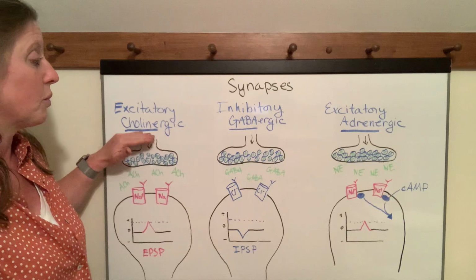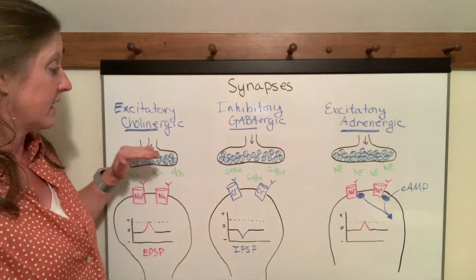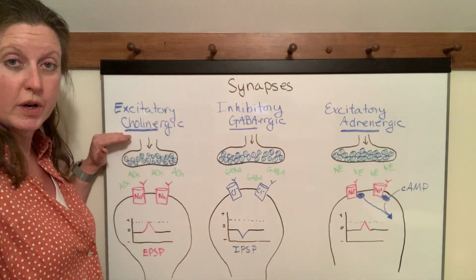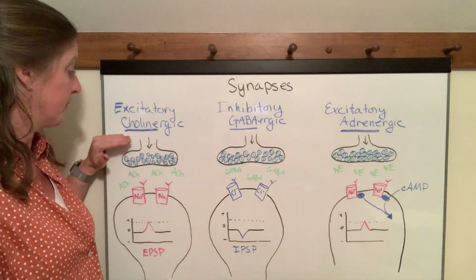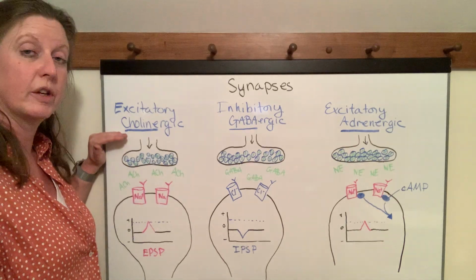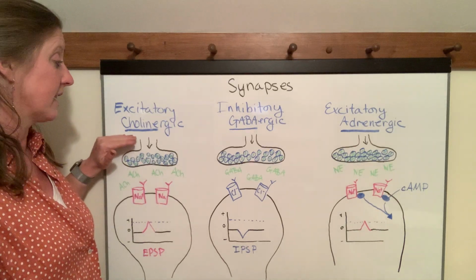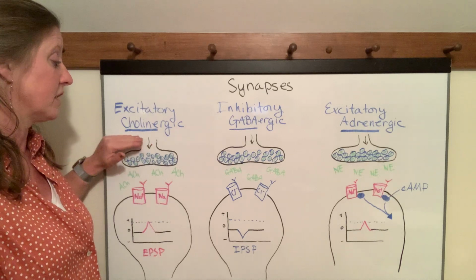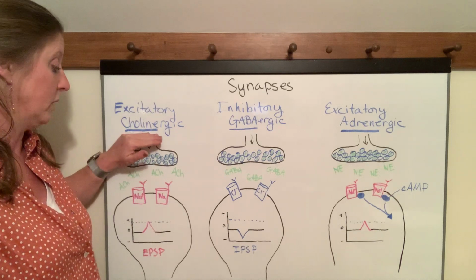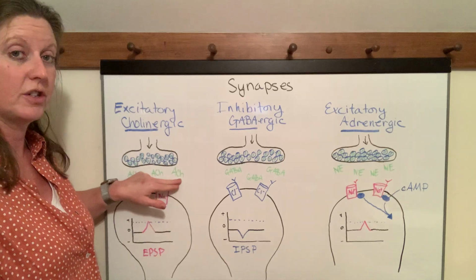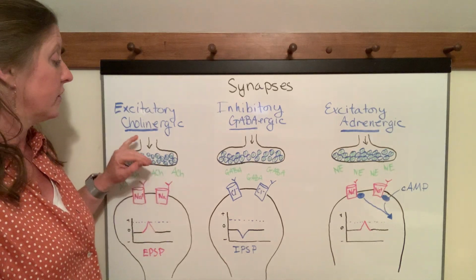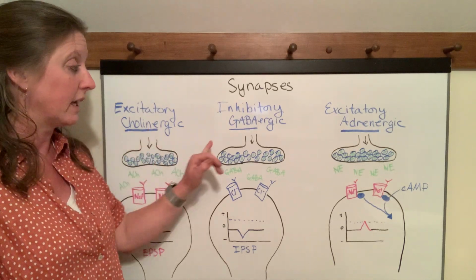The second word in each of these synapses refers to the neurotransmitter that's being used. For instance, this first one is cholinergic, and it gets its name because the neurotransmitter is acetylcholine, or ACH, as I've written down here. So cholinergic, acetylcholine.